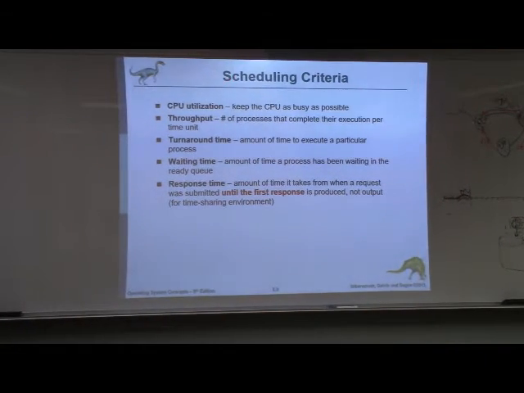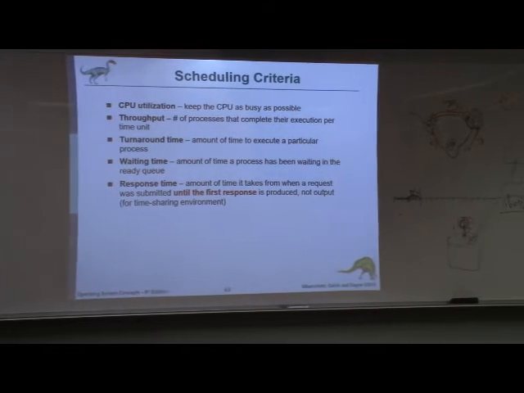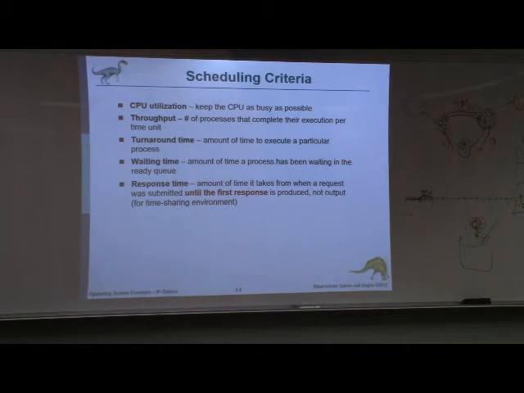The first, CPU utilization, so as busy as possible. Okay. Then throughput is the number of processes in a certain amount of time, like 1 day or 1 hour or 1 minute, how many processes, how many jobs are completed. Okay, that is called the throughput. And turnaround time is the average turnaround. First, the turnaround time is the total amount of time to finish one process, one job. Okay.